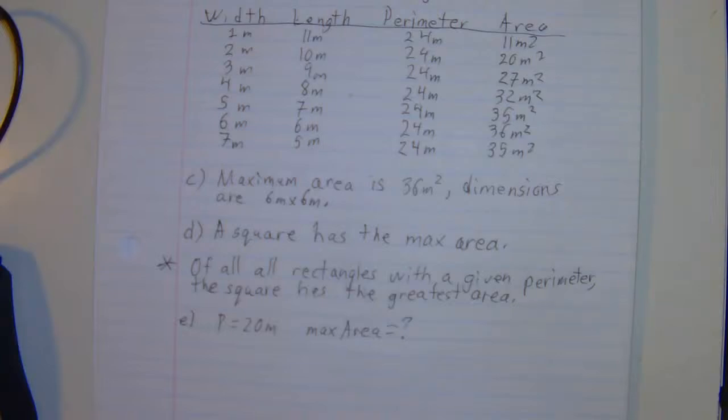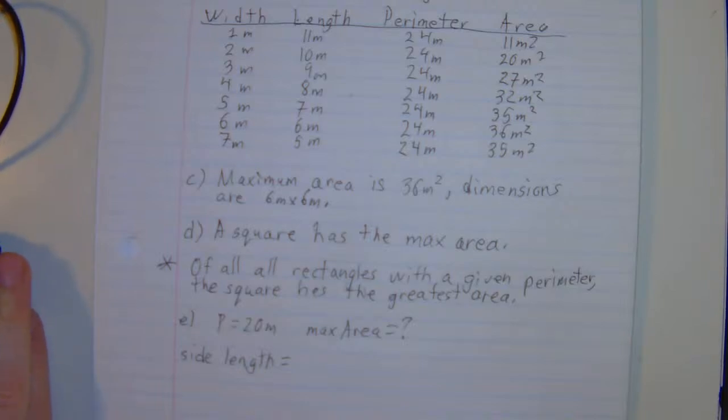Well, we know we want a square. If my perimeter is 20 meters, what's the length of one side of my square? So side length. Go ahead and tell me in chat. If my square has a perimeter of 20 meters, what is the length of one side?